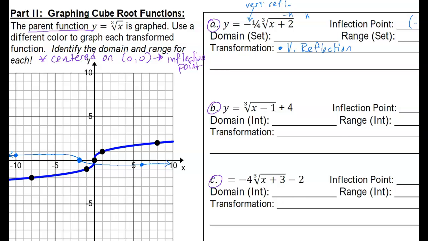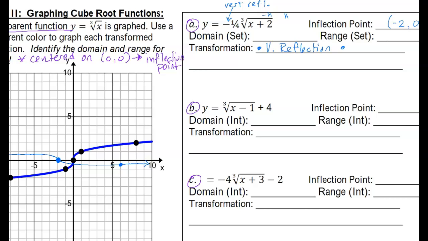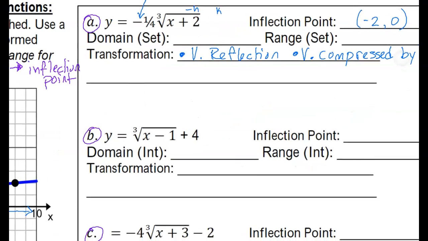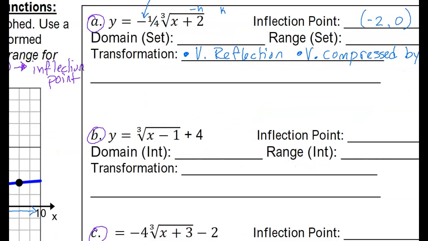What else has happened? It's vertically compressed by how much? What else has happened? One last thing. Translated left 2.